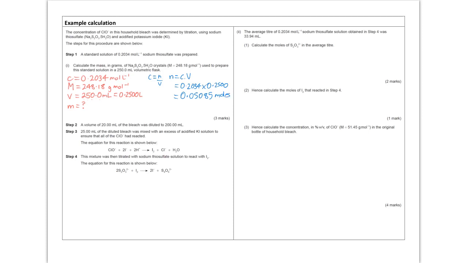So now that we know the number of moles, we can convert that to a mass. Again, the formula that relates those is number of moles equals mass over molar mass. So mass is equal to number of moles times molar mass, which is equal to 0.05085 times 248.18.